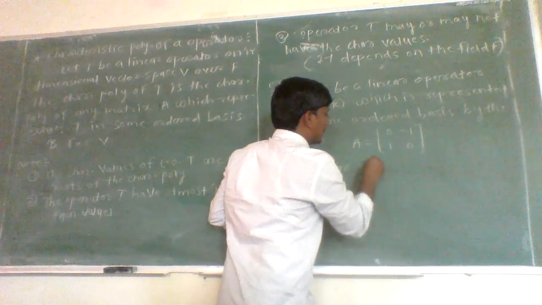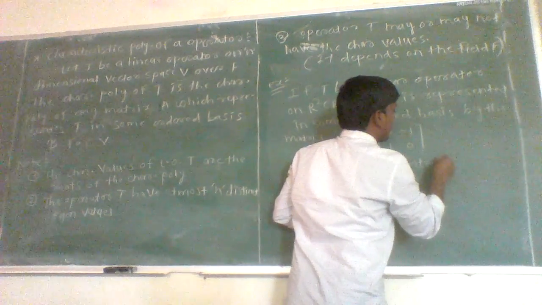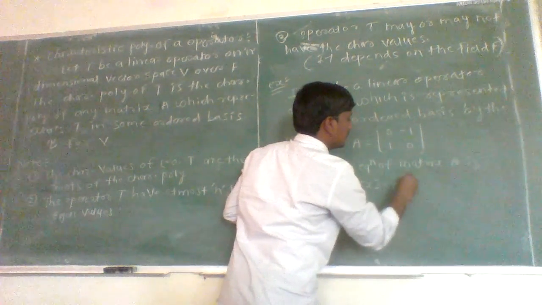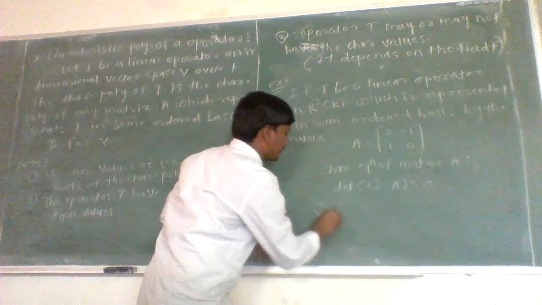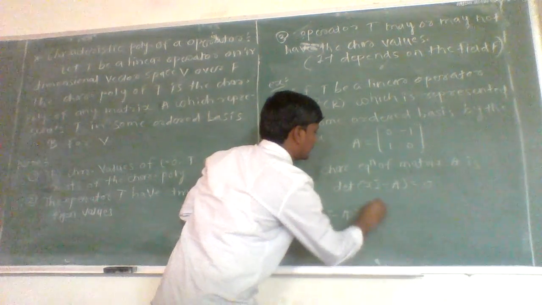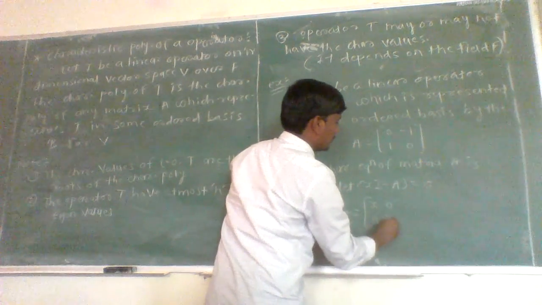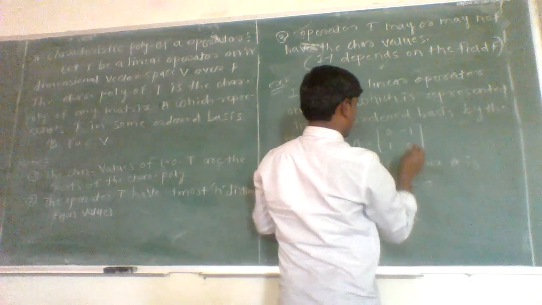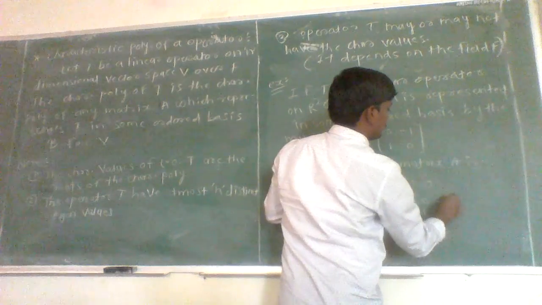So the characteristic equation of matrix A is determinant of xI minus A equal to 0. So first find xI minus A. xI minus A is nothing but [x, 0; 0, x] minus [0, -1; 1, 0].